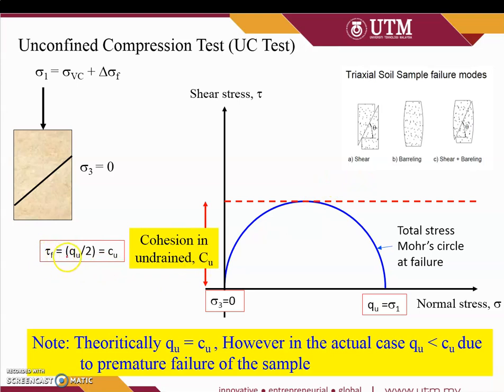Tau at failure can also be calculated if we know Q sub U. We divide Q sub U by 2 because it is half of the circle, so we get C sub U, the shear strength in terms of cohesion in the undrained condition, because no water is allowed to dissipate from the soil sample during the UCS test.